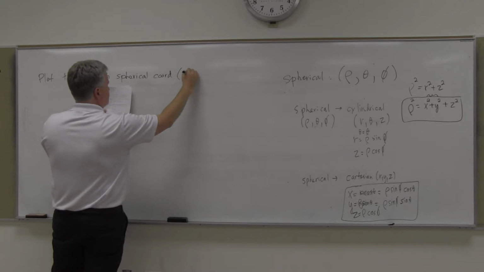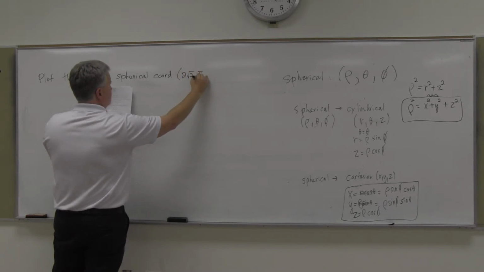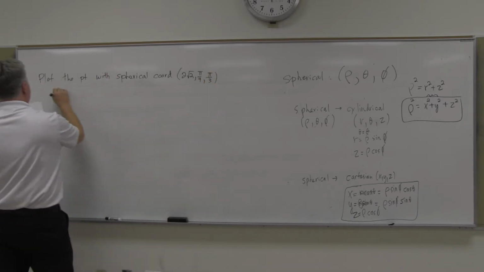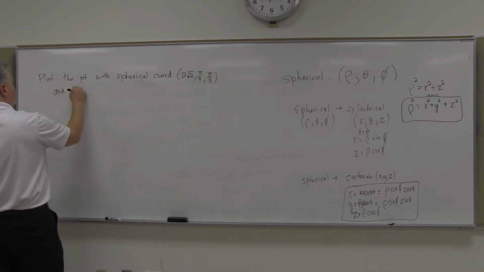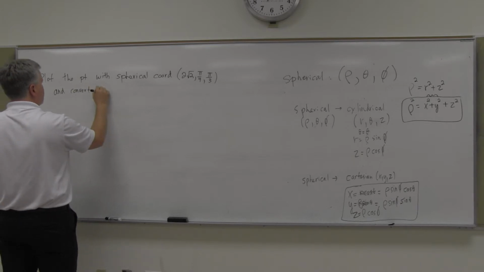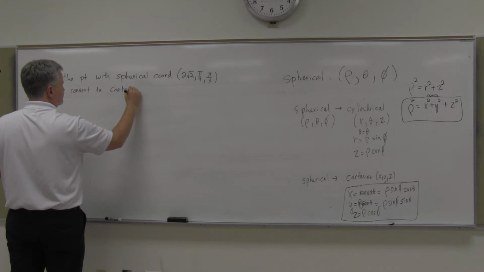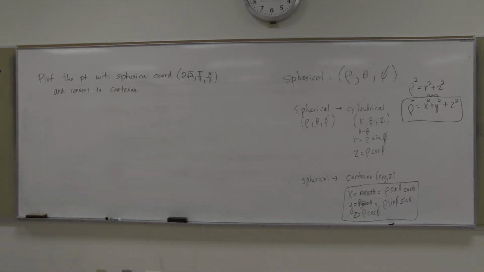It's 2 square root of 2, pi over 4, pi over 3, and then convert it to Cartesian. Probably something I'll have you do.